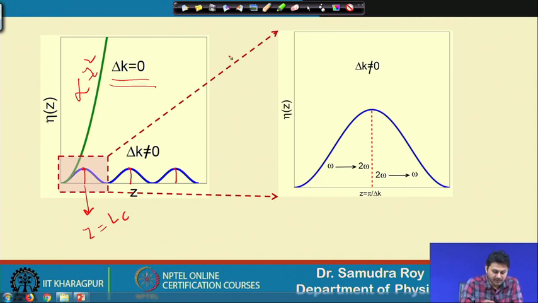From this figure, if I now expand this portion only, then we find that this goes to a maxima at this particular point, and then it goes down. Here the phase mismatch delta phi is exactly pi.